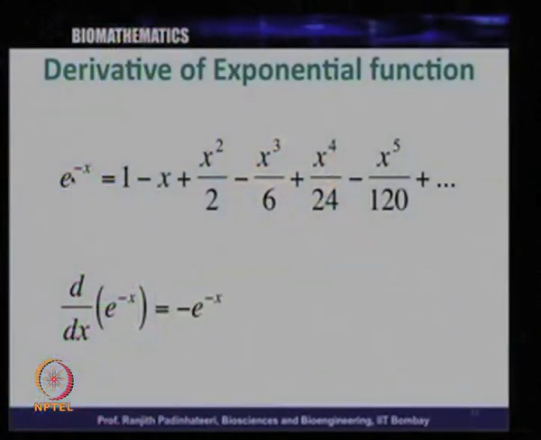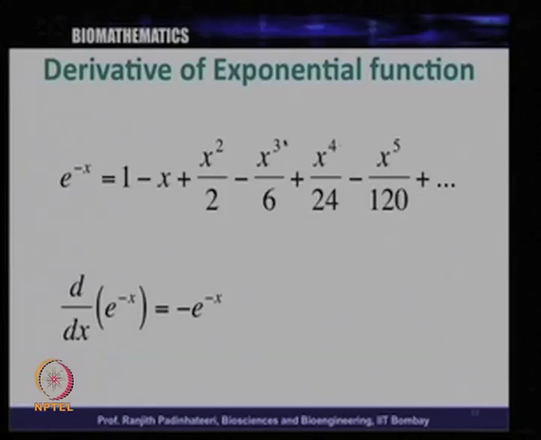Now, the next thing we should learn is the derivative of e power minus x. Once we know e power x, we can easily learn e power minus x. So, let us look here. E power minus x is nothing but 1 minus x plus x square by 2 minus x cube by 6 plus x power 4 by 24 minus x power 5 by 120 and so on.